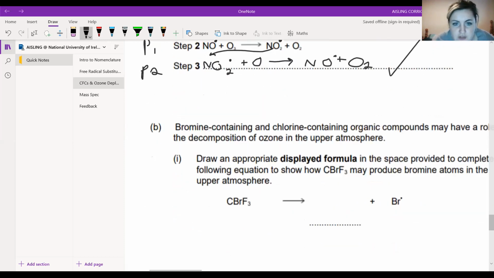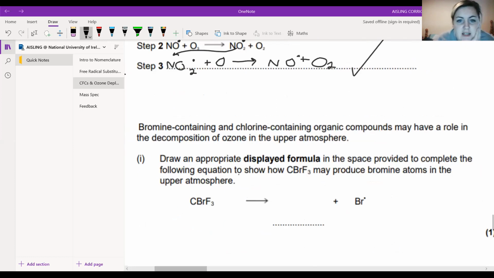Okay, so bromine-containing and chlorine-containing organic compounds may have a role in the decomposition of ozone in the upper atmosphere. Draw an appropriate displayed formula in the space provided to complete the following equation to show how CBrF3 may produce bromine atoms in the upper atmosphere. So you're going to draw the displayed formula, which means you show every bond that's involved.